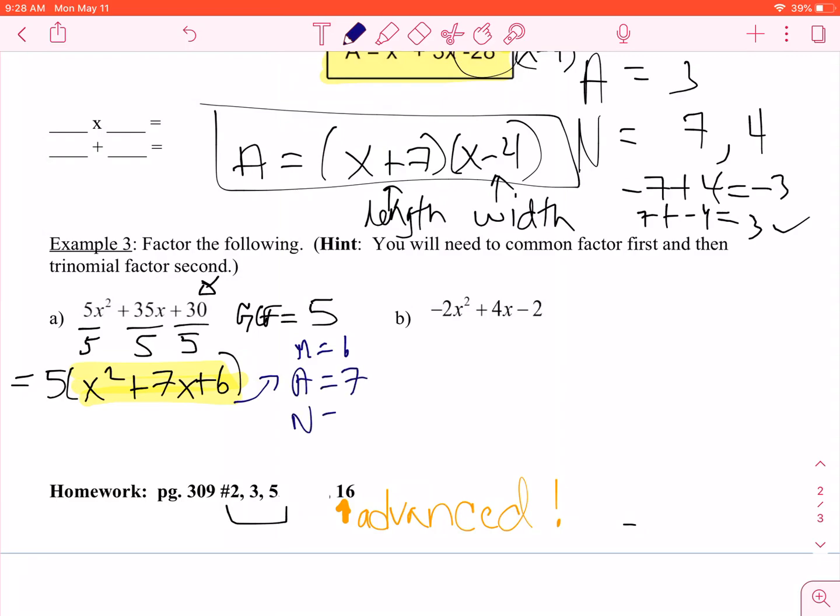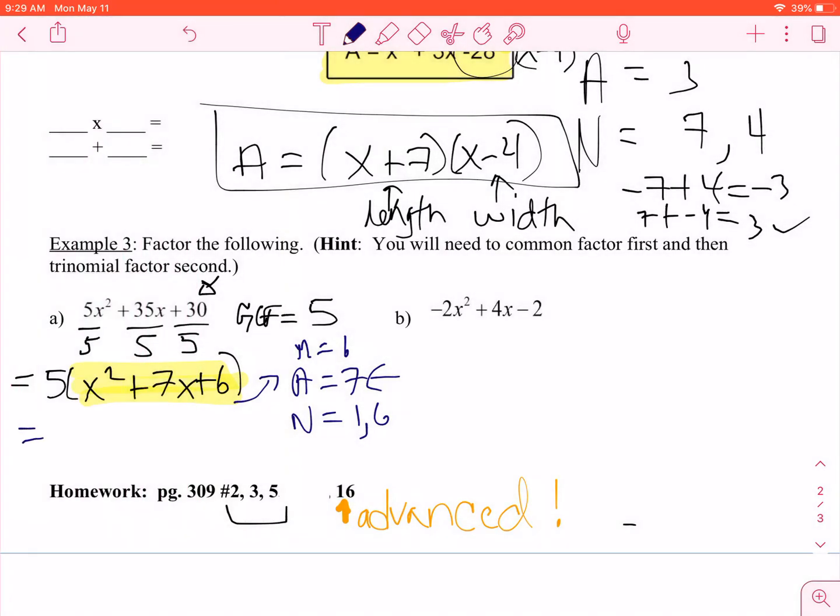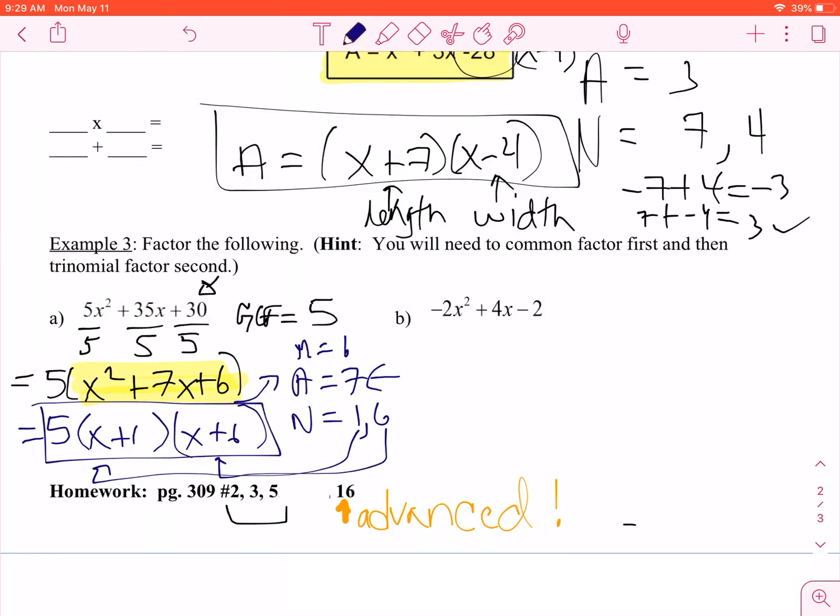So what are those two numbers? Factors of 6 are 1 times 6, and 3 times 2. I'm going to go with 1 times 6 because they give us a sum of 7. Bring down that GCF, and then we'll just continue our skeletons. Remember, two binomials, both have an x, and then we take these numbers that we came up with, so plus 1, plus 6.